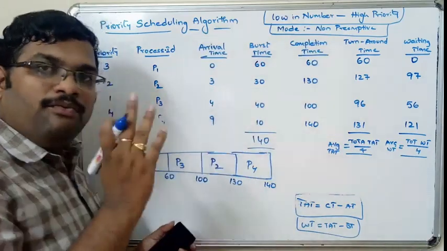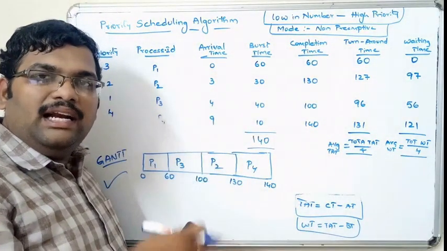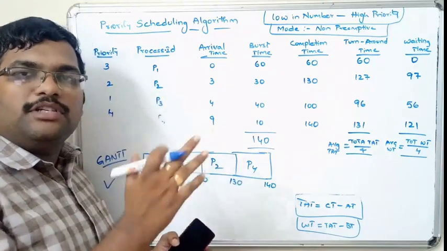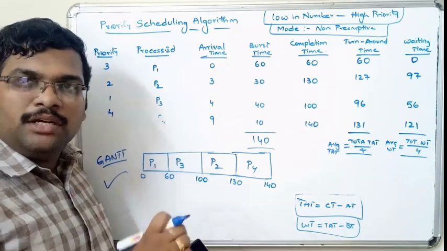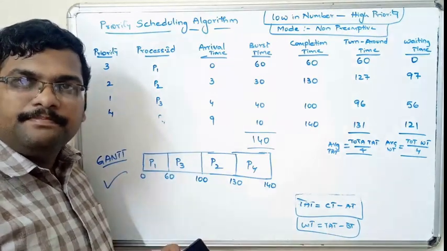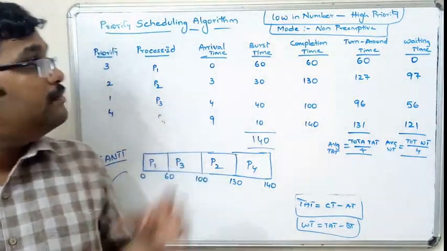Also this is non-preemptive. If one process is being executed by the CPU, until it completes its execution, no other process should enter the running state. That means there must be no interruption. Hope you understood this simple algorithm.